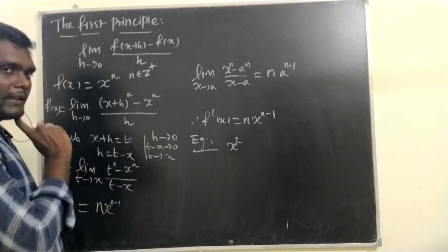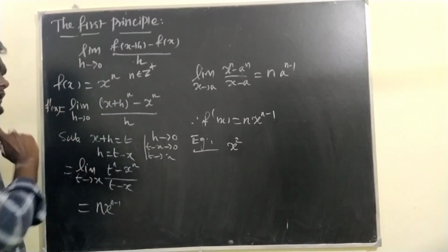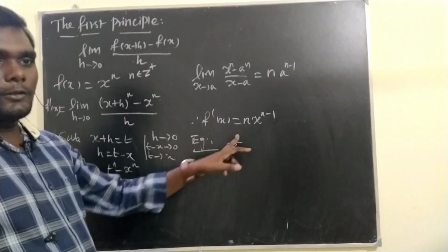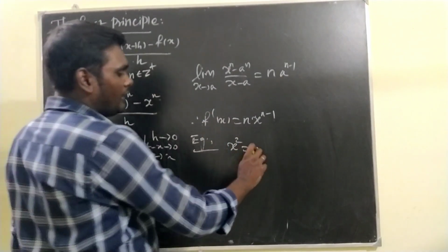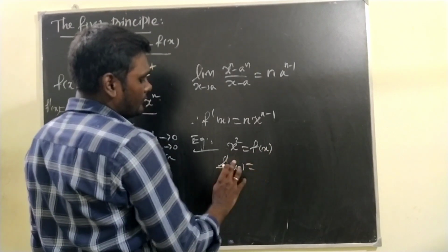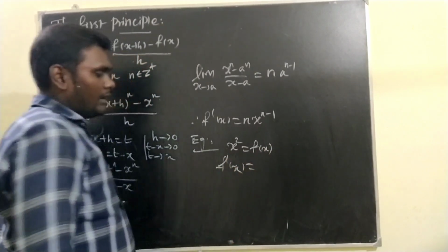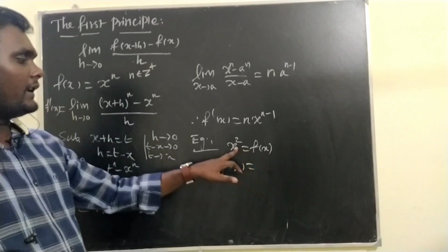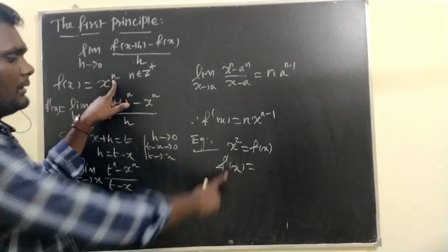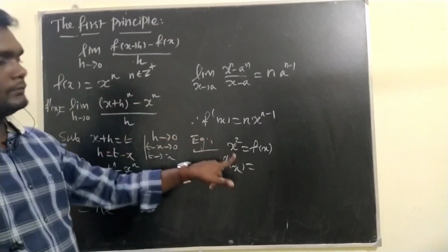In this case, negative also will be used, but I will tell you how to use this. Now here x square, what is the derivative? If f of x is x square, what is f dash of x? N into x power n minus 1. What is the n value here? Compare these two.